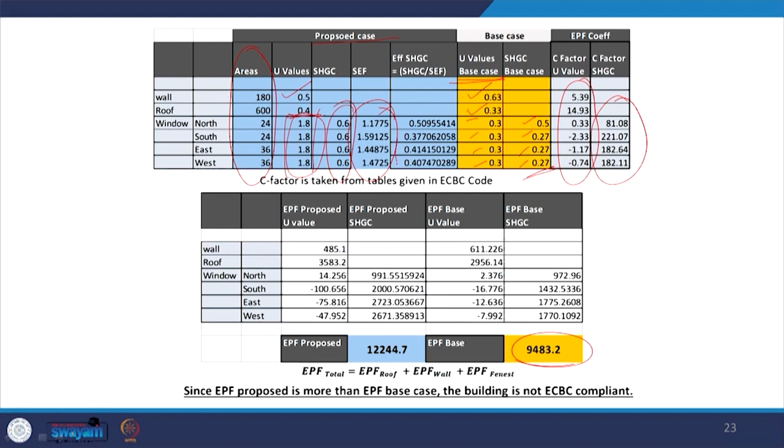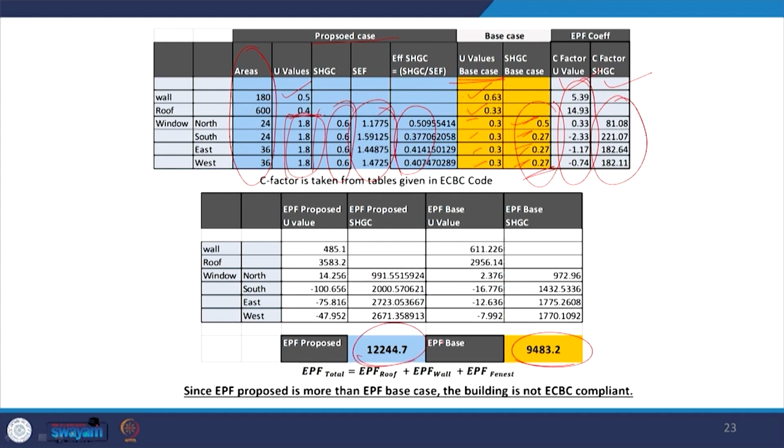We see here that the effective SHGC is still higher than the base case SHGC. The coefficient values remain the same for both the proposed case and the base case.